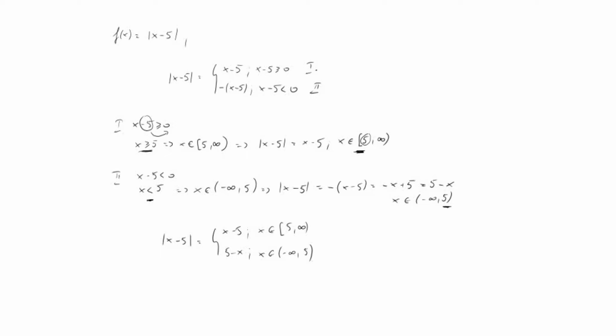Okay, so let's plot these two cases. Case 1, f of x equals x minus 5. I will draw a Cartesian coordinate system: x, y, and the origin.